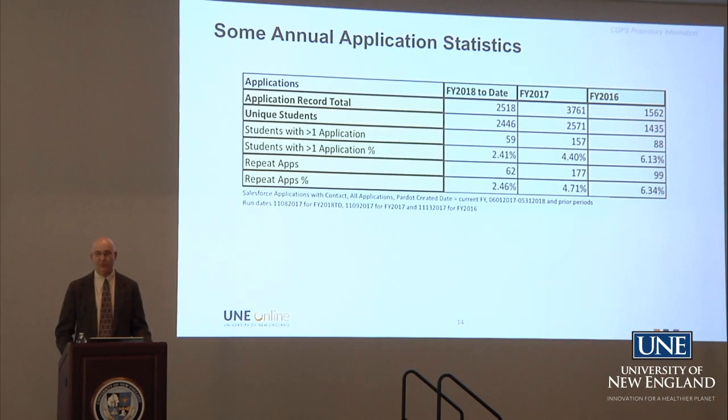And then if you also look at students that come in and apply more than once, which is also sort of like noise or problems in the data, you also have to account for that, but that percentage also appears to be quite low. You'll notice from fiscal year 16 through 17, and at the time of this study in fiscal year 18, those numbers are actually exhibiting a downward trend.